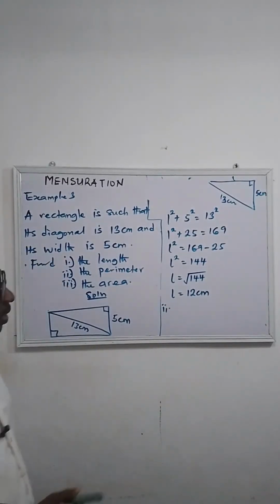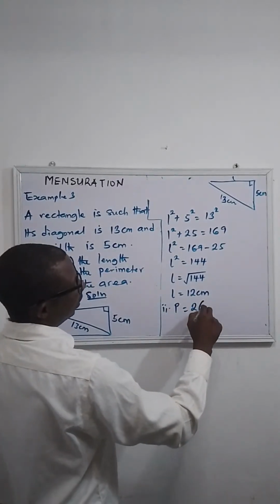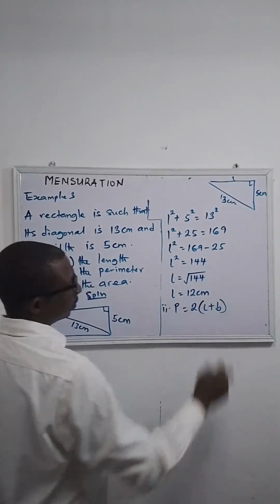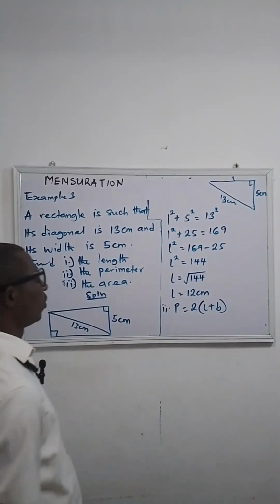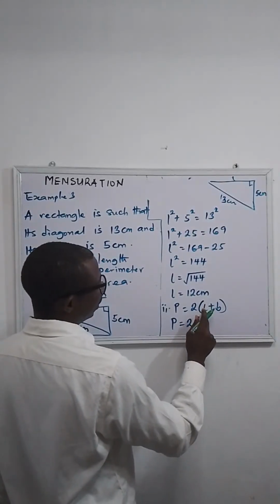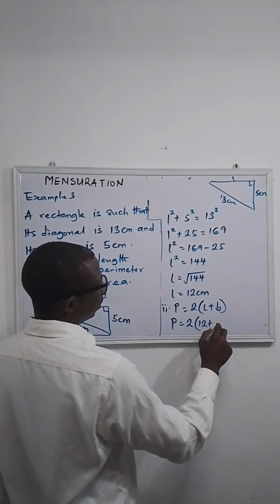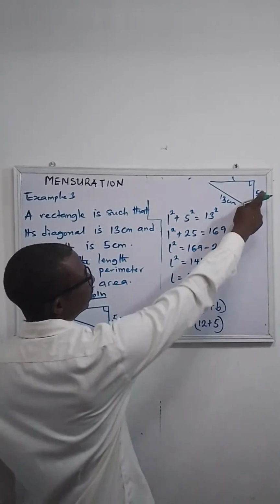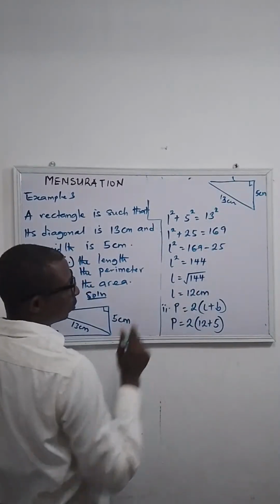Now the next thing is to find the perimeter of this rectangle. The perimeter equals 2 times length plus breadth, or length plus width. So the perimeter equals 2 times, the length is 12, while the breadth is 5. You can see that the breadth is 5. The length is what we have just got, 12.